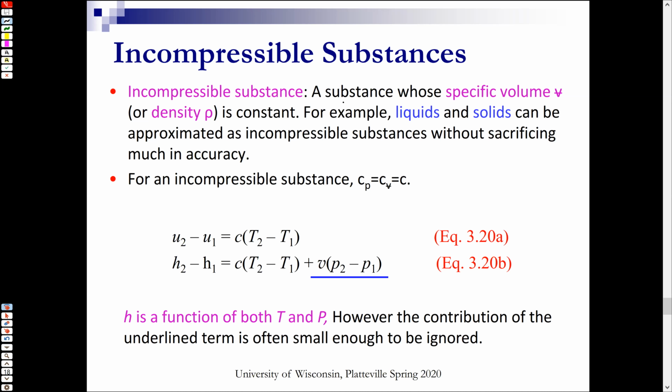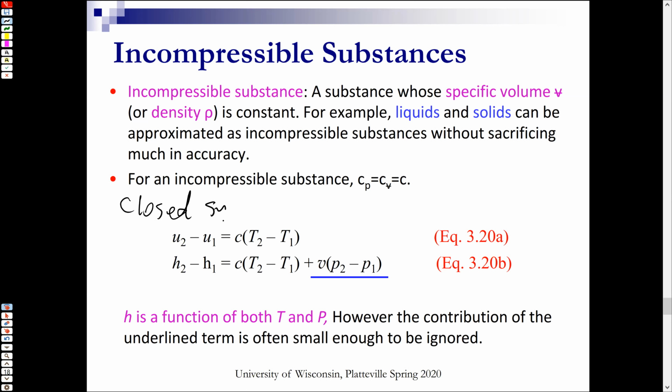With these substances, we have two important equations. One of them is to evaluate the change in the internal energy, and we use this in analyzing closed systems. You remember in closed systems, we said that Q minus W equals delta U. Let me write it down here.